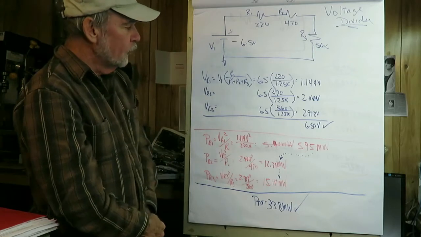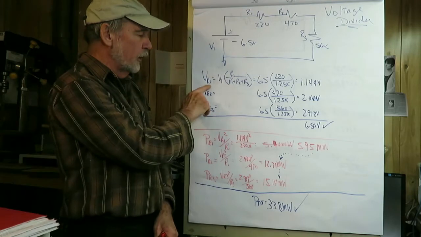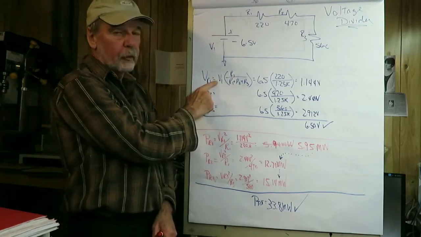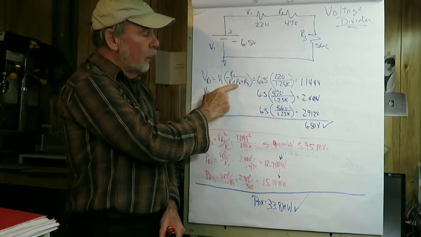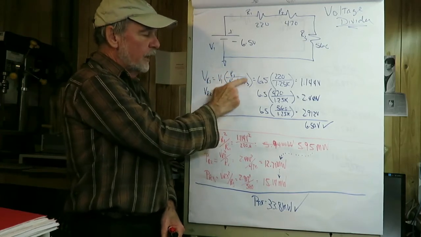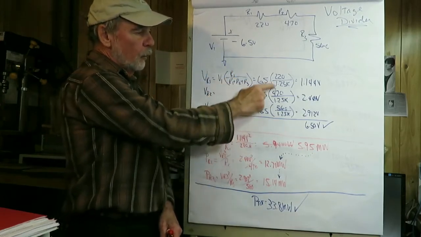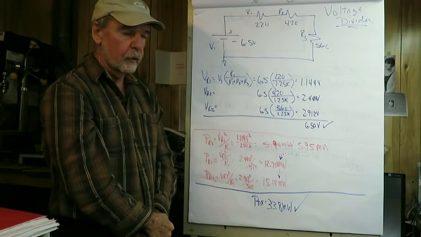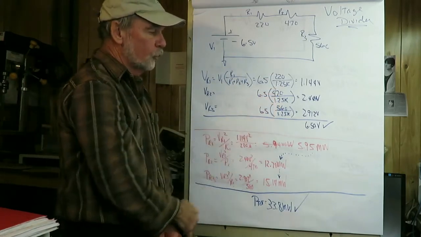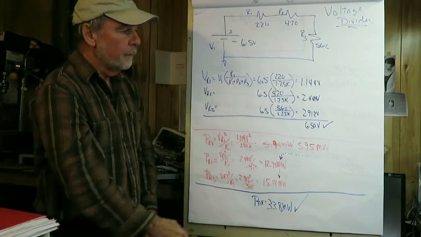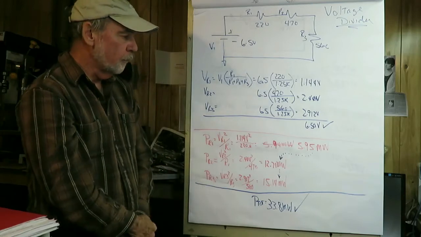So let's become familiar with voltage drop, and it's basically saying VR1 is going to be equal to the source voltage, VI that I've named it, times the ratio, the resistor that we want, divided by the total resistors. The source comes out to be our 6.5 volts. I want the voltage drop across a 220 ohm resistor. I know from previous calculations that the total resistance was 1.25K, and that gives me 1.144 volts, the same as I got before.